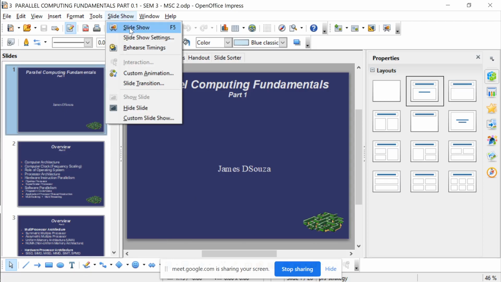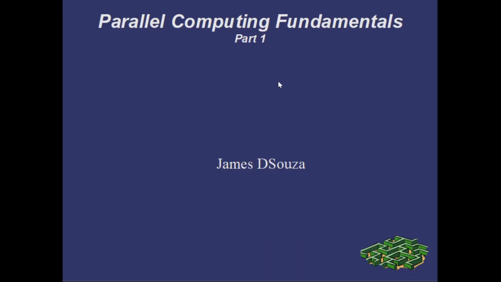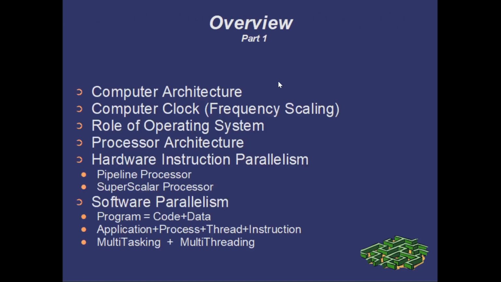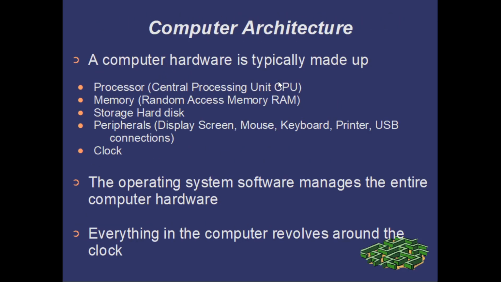So let me quickly go through what we have done so far. We are focusing on parallel computing fundamentals. The first thing we started with was computer architecture, and we said any computer is made up of a processor, memory, hard disk, peripherals, and a clock. Everything depends on your clock.